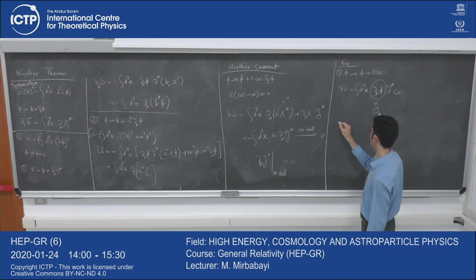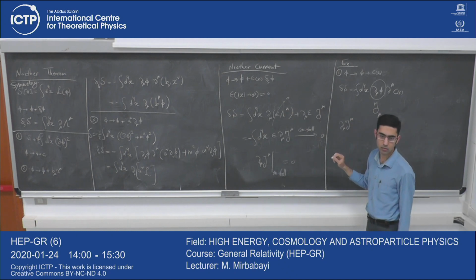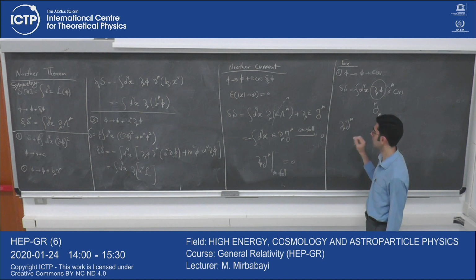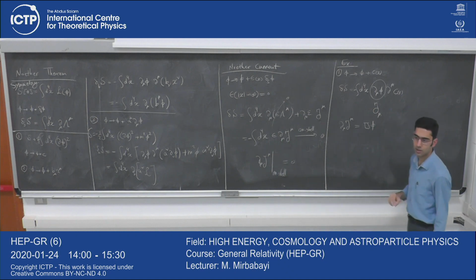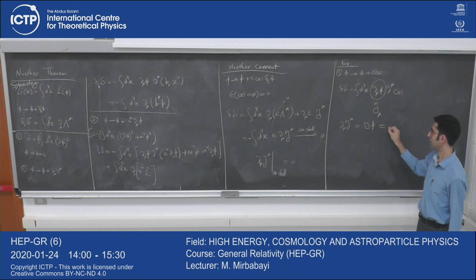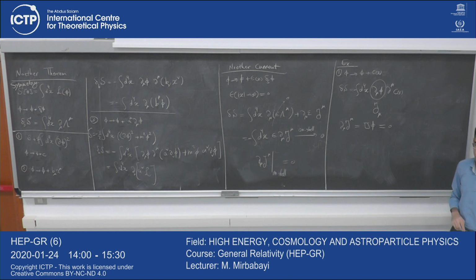The claim is that d mu of j mu is 0 when the equations of motion are satisfied, which is indeed the case because d mu of j mu is nothing but box phi, which is 0 when the equations of motion are satisfied. In fact, it is the equation of motion for phi.